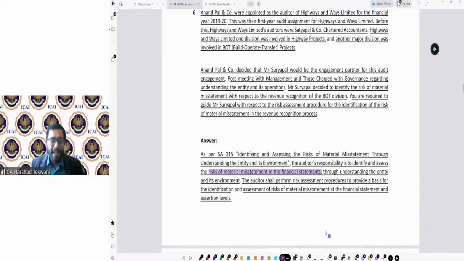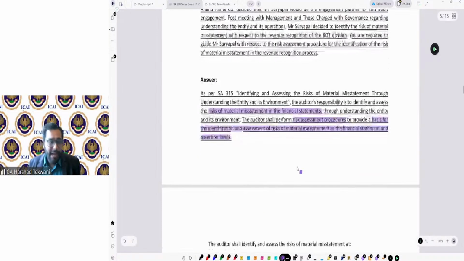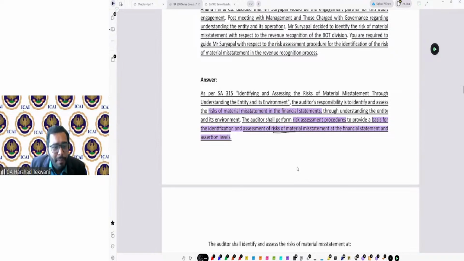Okay. Second, through understanding the entity and its environment, the auditor shall perform risk assessment procedures to provide a basis for identification and assessment of risk of material misstatement at financial statement and assertion level. Again, basis for identification and assessment of, again, risk of material misstatement.